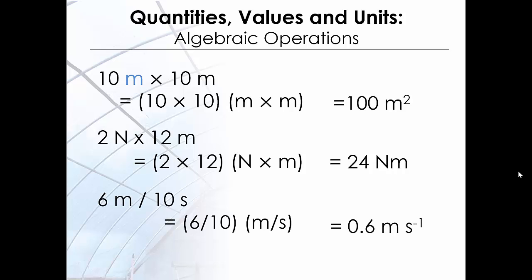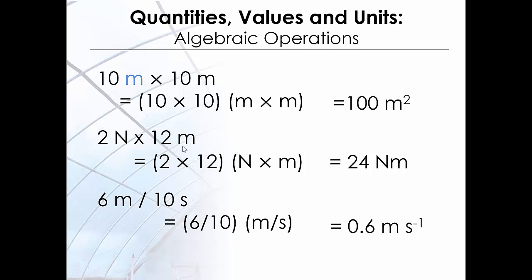As you can see in this example, the length of an object times its width gives the area of the object, or work results when a force acts upon an object to cause a displacement. Here the unit for force is represented by Newton and the displacement is represented by meters.